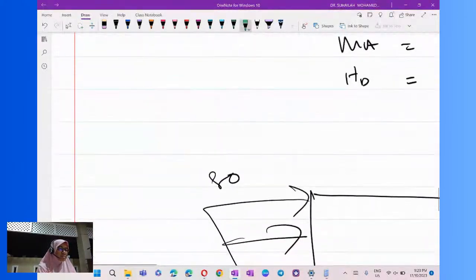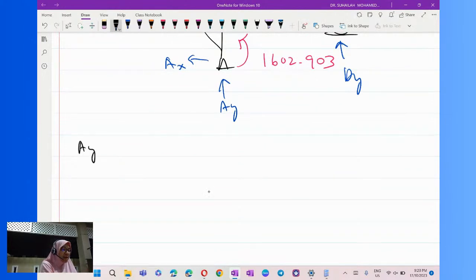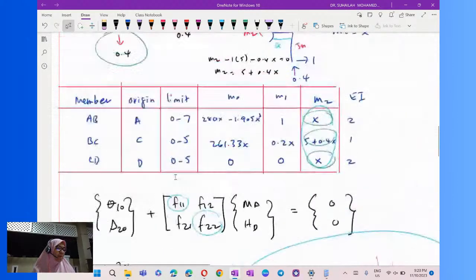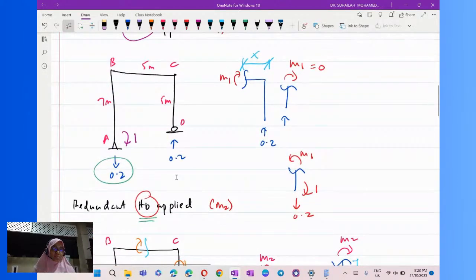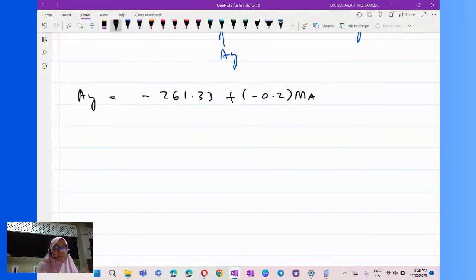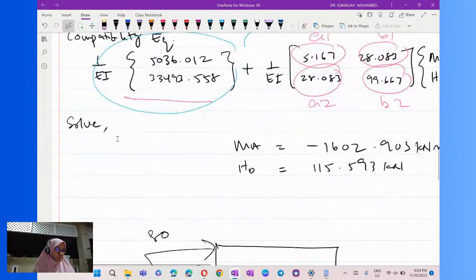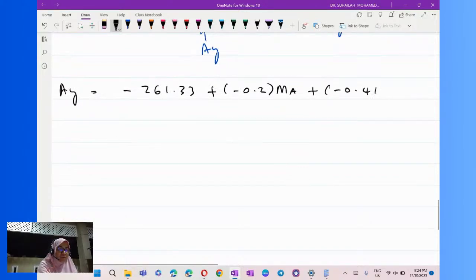So to get AY, we have negative 261.33, that is AY in the primary frame, plus AY in redundant one, which is negative 0.2, so we put negative 0.2 MA, plus for redundant number 2 it is negative 0.4, so negative 0.4 HD.